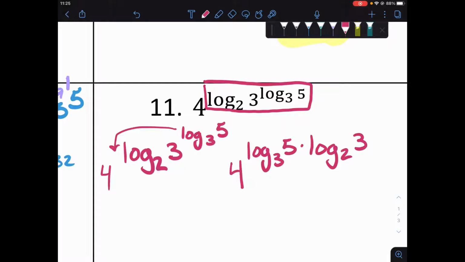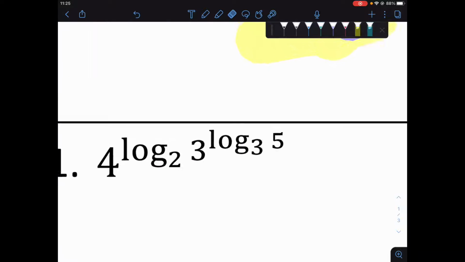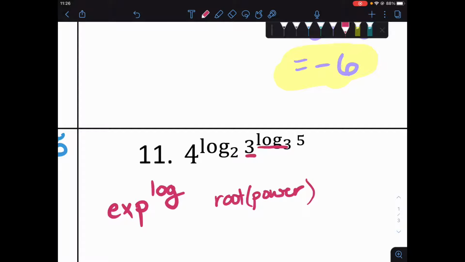So instead we want to look at some of the relationships we have here. The first relationship we should see is that we have 3 to the log base 3, an exponent to a log. That's basically the equivalent of taking a power and then taking the root of it, or a plus 3 and then immediately a minus 3.